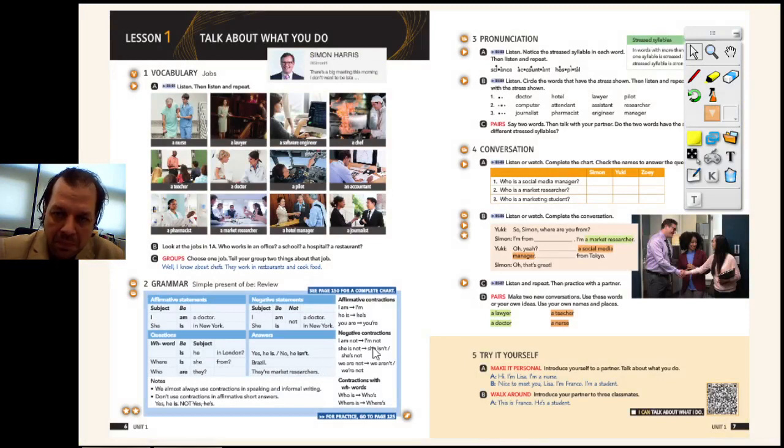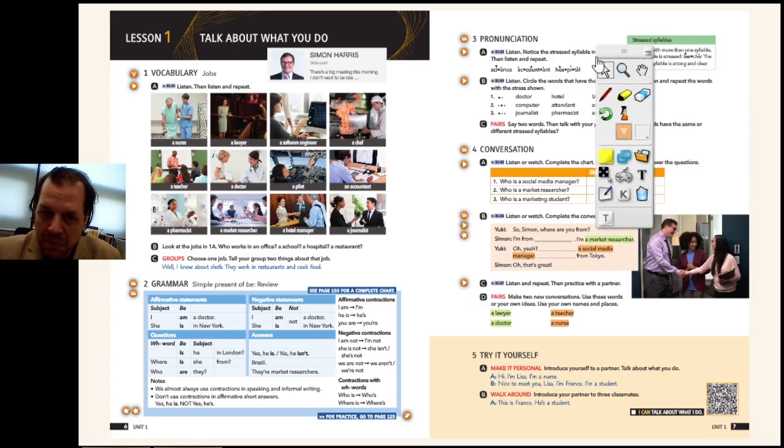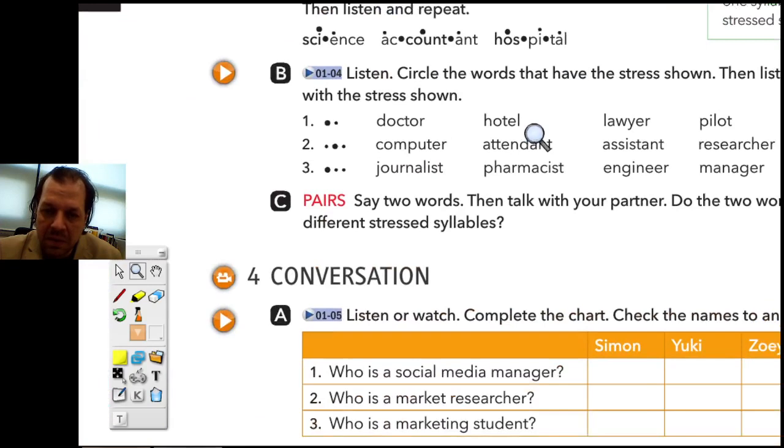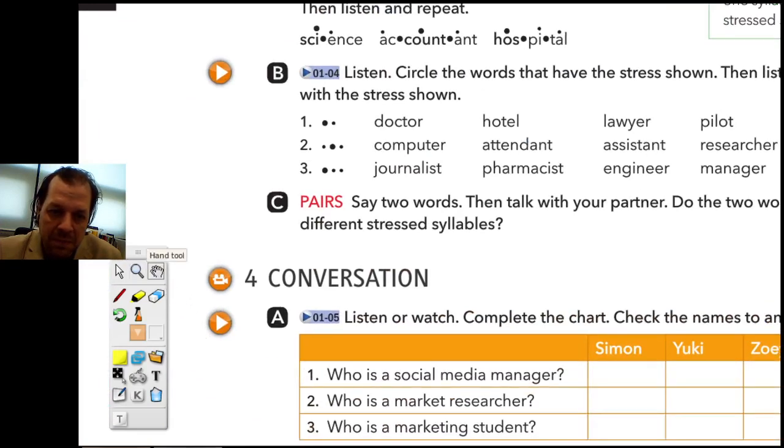Anyway, so we've got an idea of the review for simple present of the word to be. All right, there's a complete chart on page 150. You can also check that out. Page 7, let's go over here for a sec, is a little bit of help with our pronunciation.